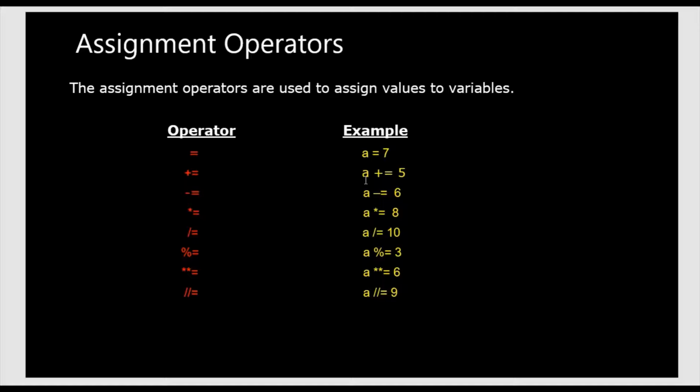Simply, we can say this is a shortcut way of writing the code. So the Python interpreter can easily understand this type of statement also. Python can easily understand that.